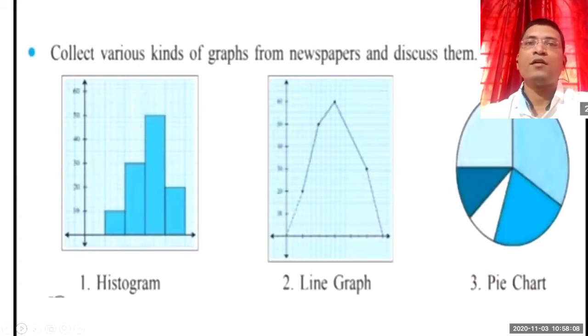Here one line is given: collect various kinds of graphs from newspapers and discuss them. In newspapers like the Times of India or Indian Express, you will notice graphs such as histograms, line graphs, and pie charts for particular information. Collect that information and see what data is shown on the graphs: what is a line graph, what is a histogram, what is a pie chart, what is a joint bar graph.